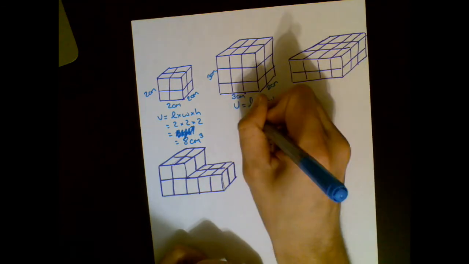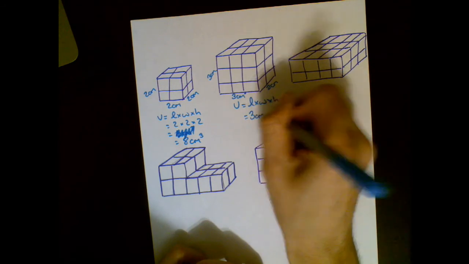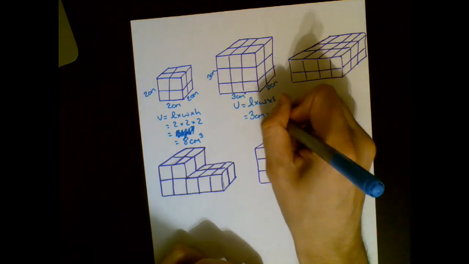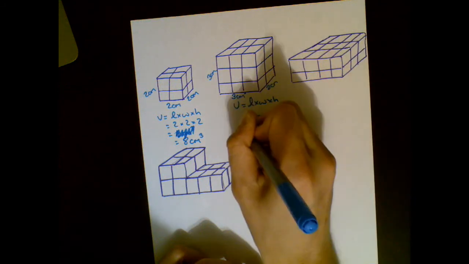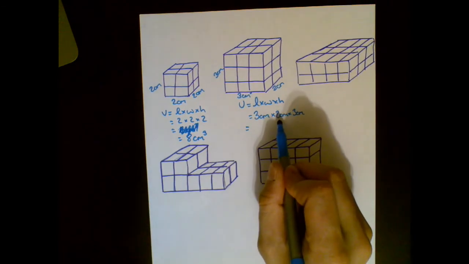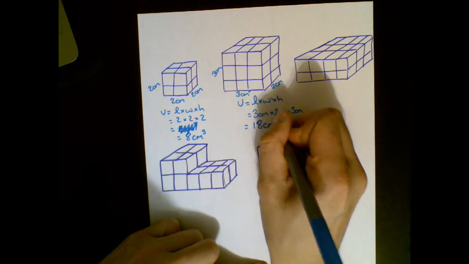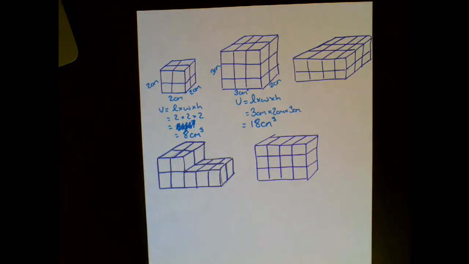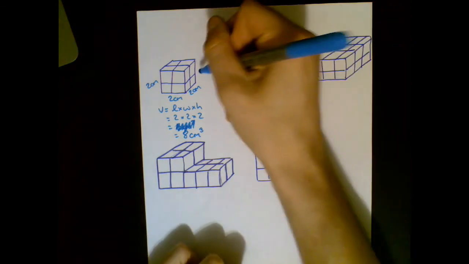So my volume is 3 centimeters times 2 centimeters times 3 centimeters, which is equal to, got to remember to multiply this time. 3 times 2 is 6. 6 times 3 is 18 centimeters cubed. For this one, we'll draw a line here just so I don't get mixed up later on.